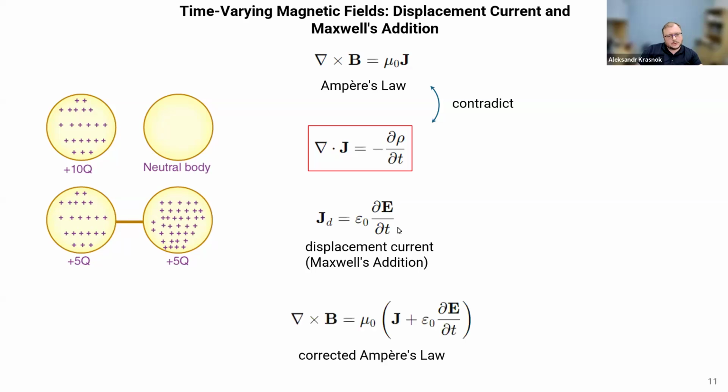And so the total Maxwell equation, just like we discussed several times, is this one, corrected Ampere's law with the presence of this Maxwell addition. If you take the divergence of this corrected Ampere's law, you will see that it agrees with the charge conservation law.